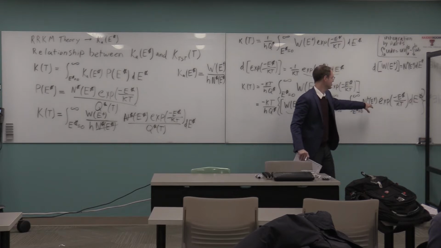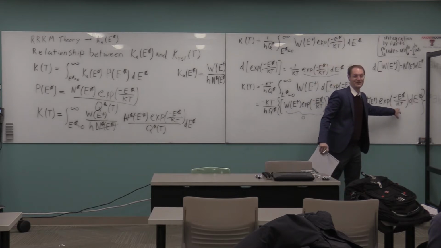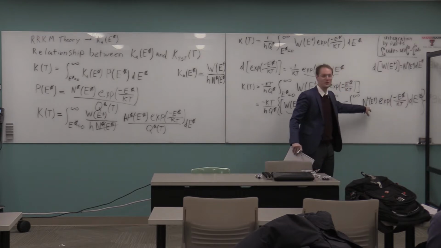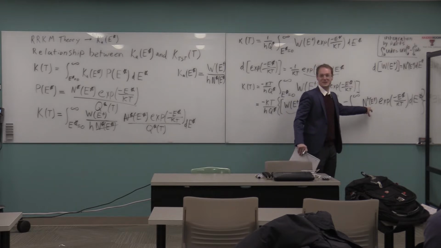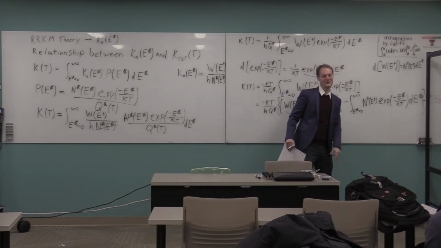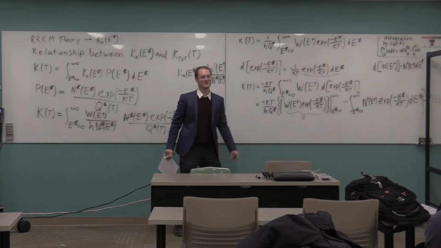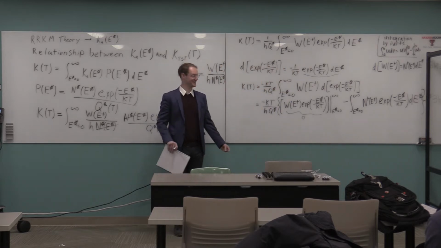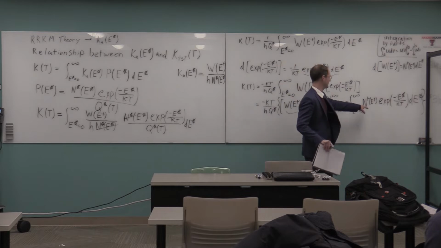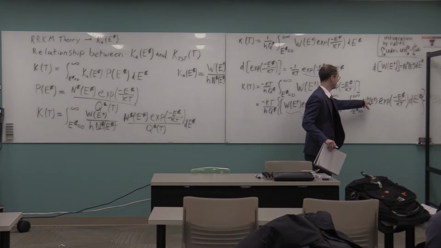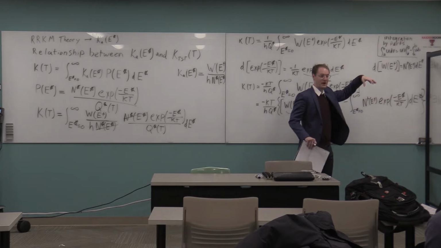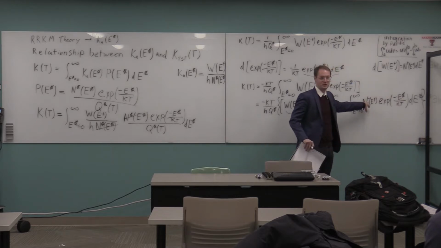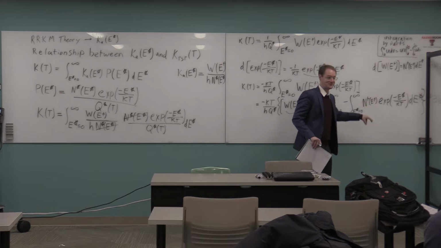Density of states at that energy times a Boltzmann factor. Maybe you're more familiar with this expression if this is a sum instead of an integral. But if you have a sum over degeneracy times a Boltzmann factor, what does that give you? That's a partition function, right? So this is basically the partition function, and we're taking the density of transition, so activated complex states, right? So this is the partition function for the activated complex.